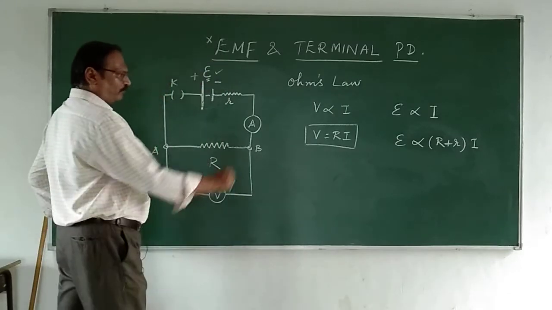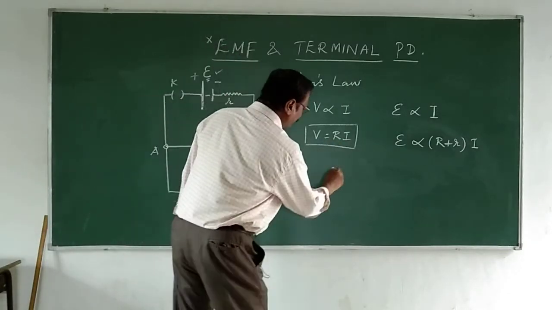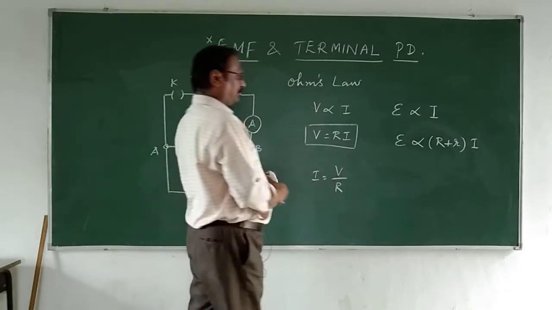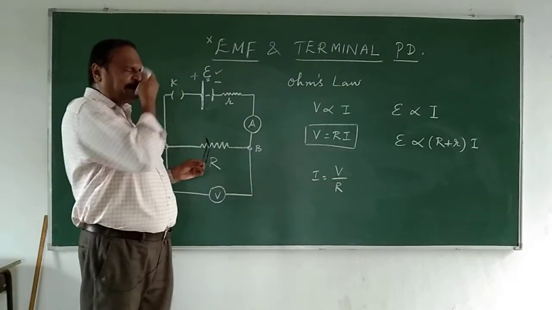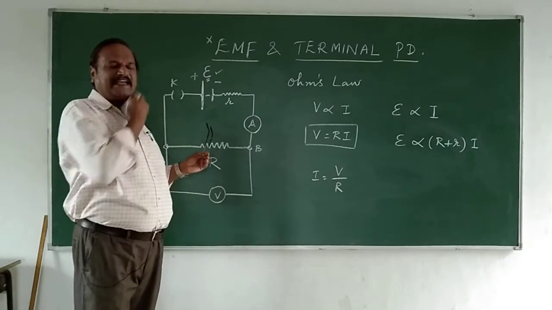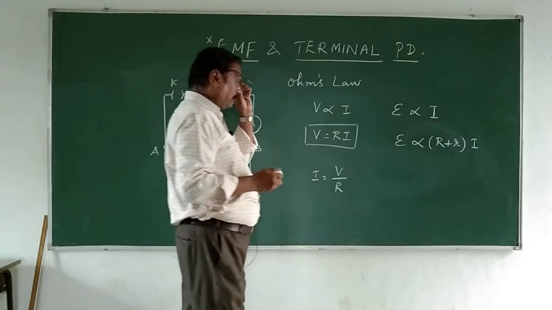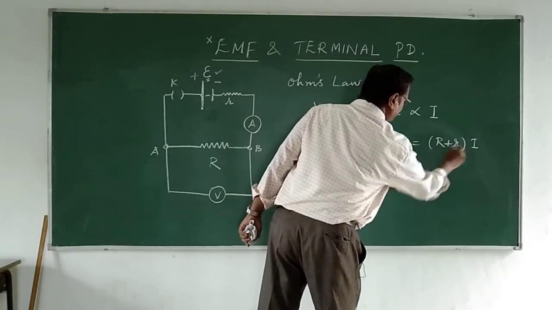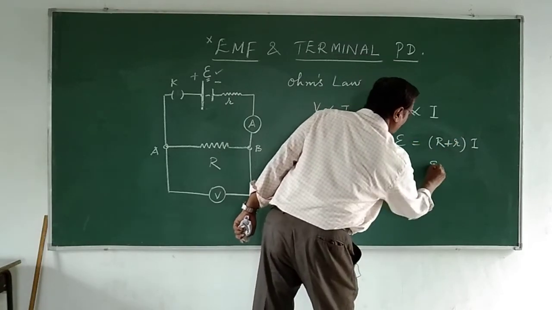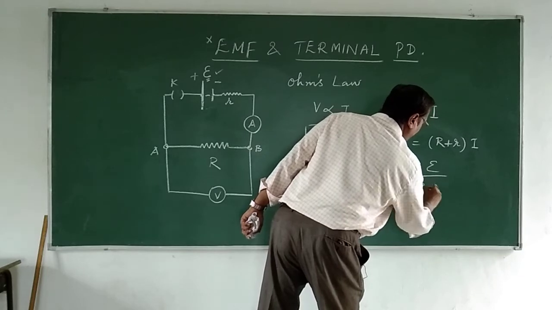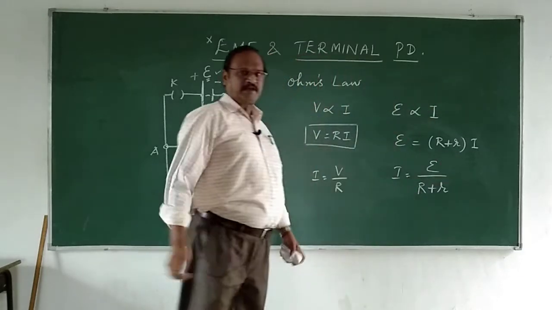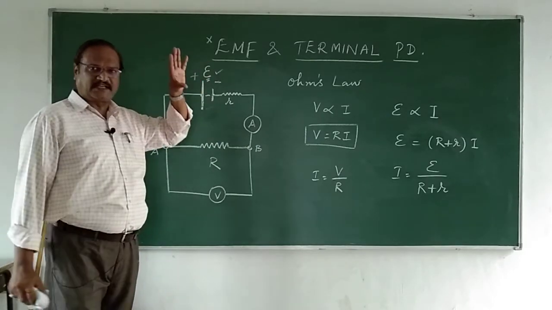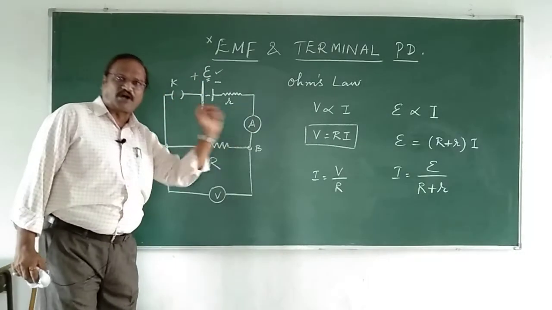Okay? Now, watch carefully here. I can say from this, I is equal to V upon R. First equation, I is equal to V upon R. Fine. And in this equation, it has become I is equal to epsilon upon R plus r. Remember very clearly, when I talk about the EMF of the cell, no current is flowing through outside.